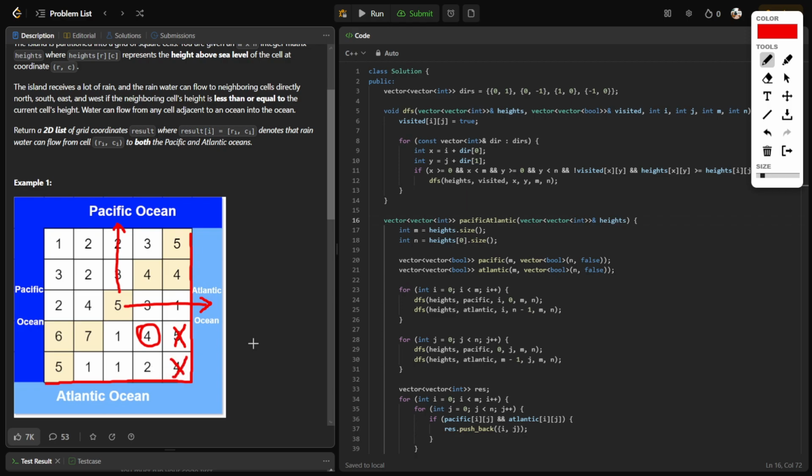But it can flow over here since it's less than or equal, but the only cells connected to this 4 are the 5 and this 2. If the rainwater were to fall somewhere here, it is basically trapped by the 4 here, the 2 here, and the rest, obviously.